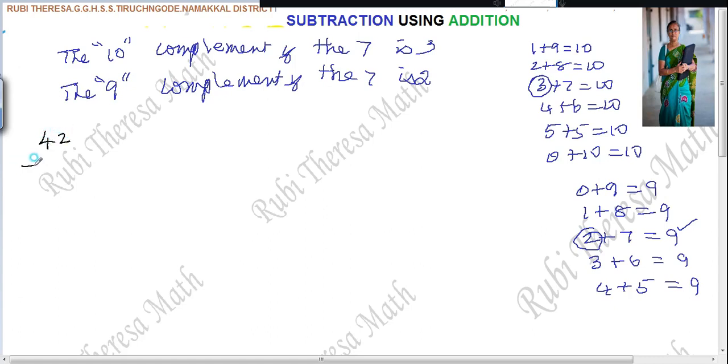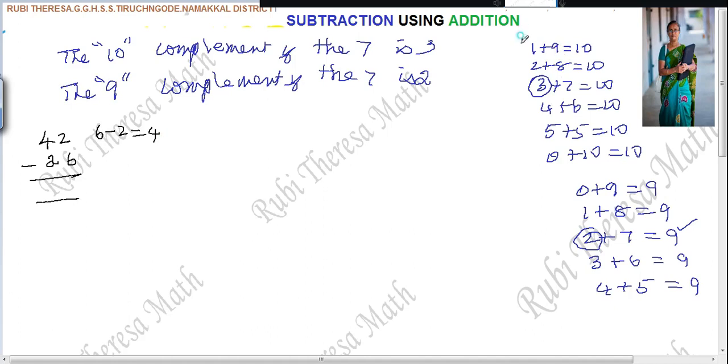42 minus 26. If you want to recall quick subtraction, you can recall it. Otherwise, let us go for subtraction using addition. It is better to recall, I think, isn't it? Actually, how will you do 6 minus 2, 4.